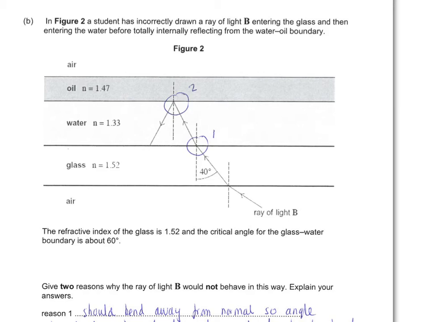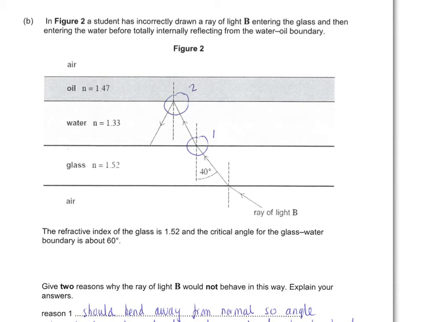So starting with the beginning of the ray of light B, we're looking for anything that's incorrect. So first of all, checking the boundary from air to glass. The light is travelling towards a higher refractive index, and so it bends towards the normal. So this is correct.